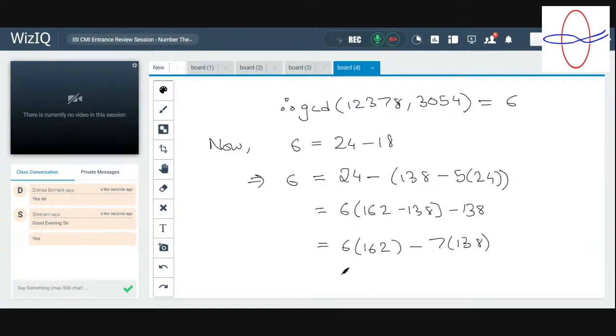So you can see, right, what I'm trying to do. I'm trying to reverse engineer the 6 steps above to get 12378 and 3054 back out. Right.